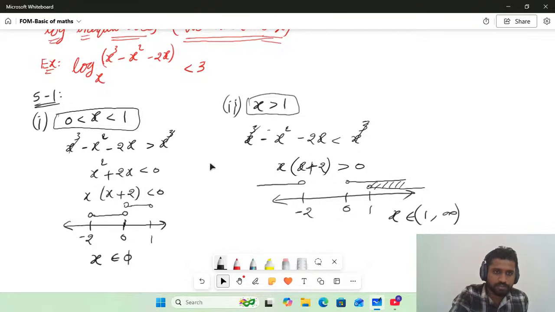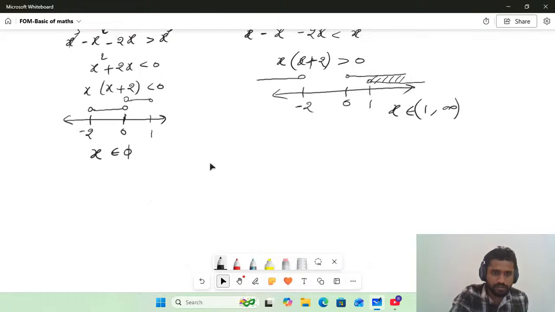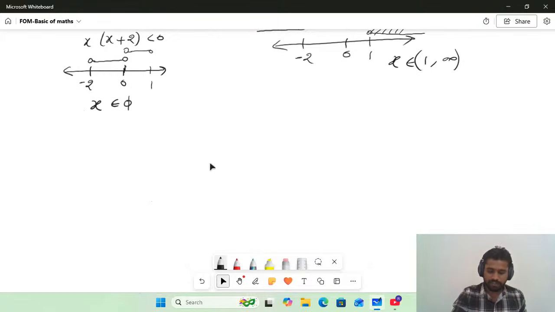What is the domain? X cube minus x square minus 2x. Till now only step 1 is completed. Now we are going to step 2 for finding the domain, because the x value also should satisfy it.